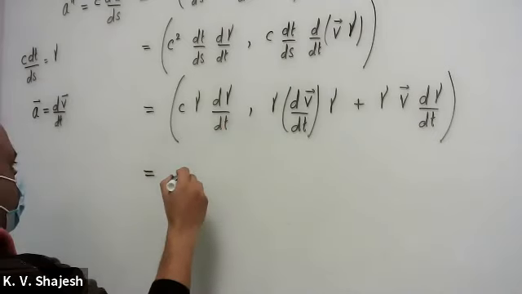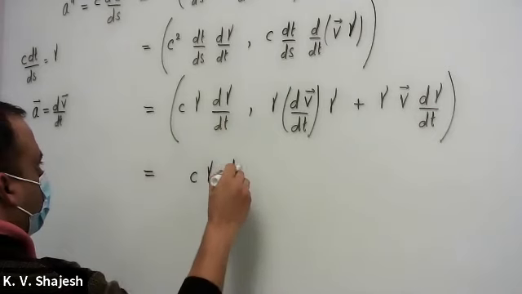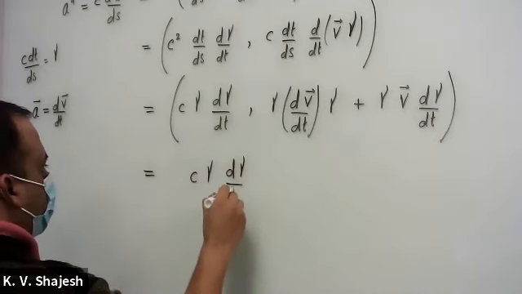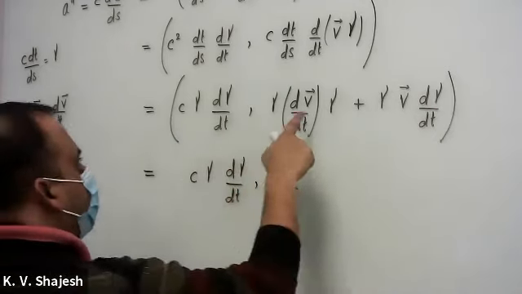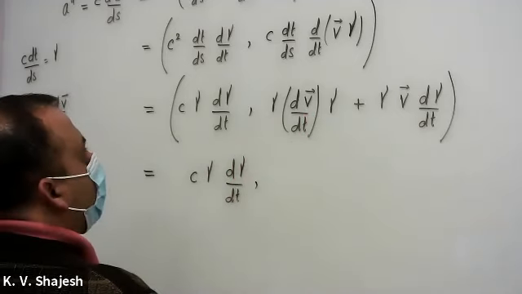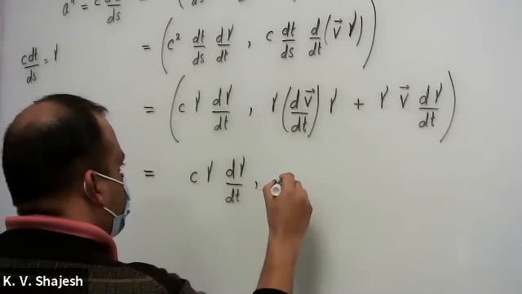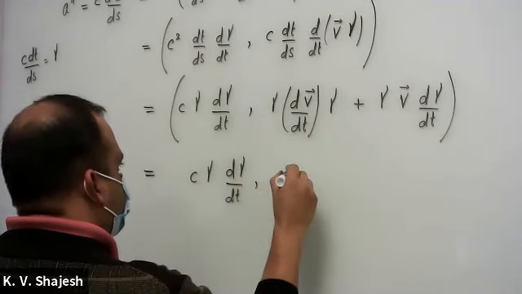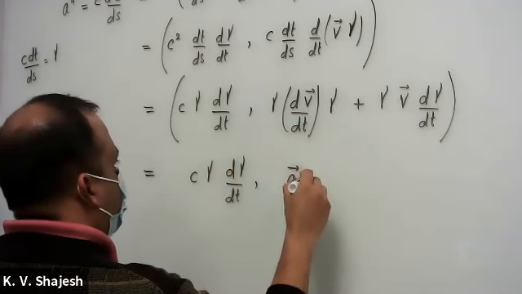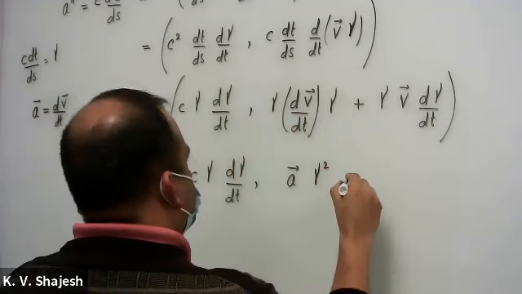So this is in terms of the acceleration. So this is c times gamma d gamma by dt, and this is acceleration times gamma squared plus velocity.